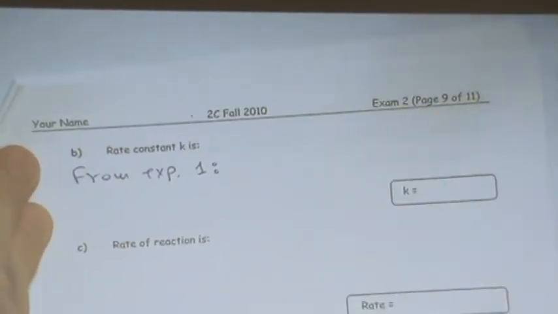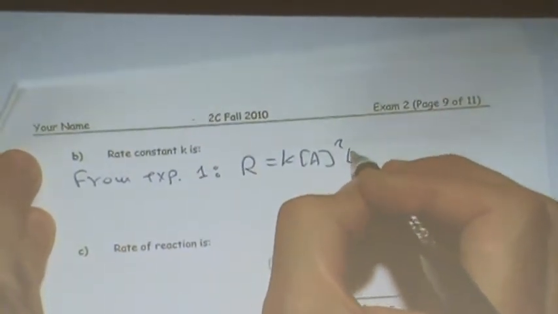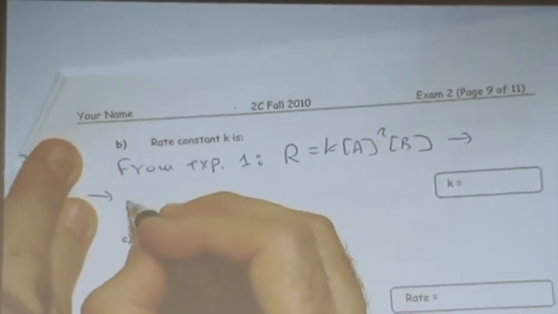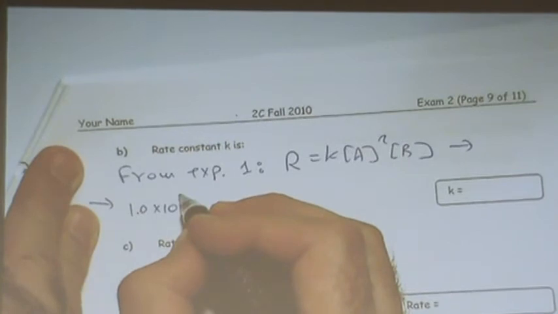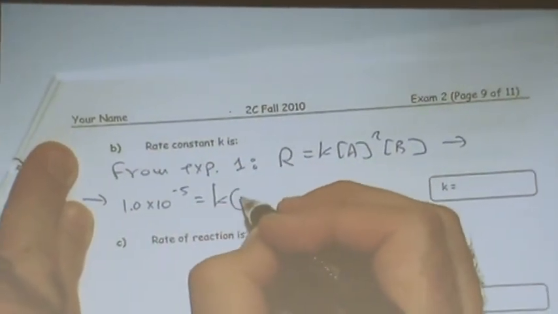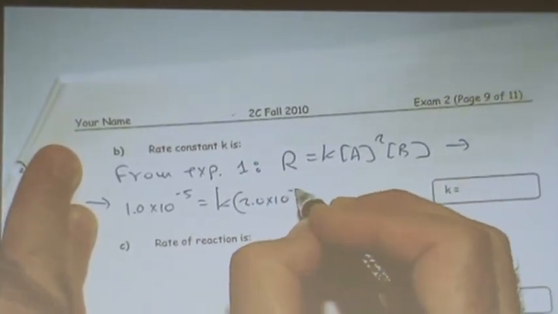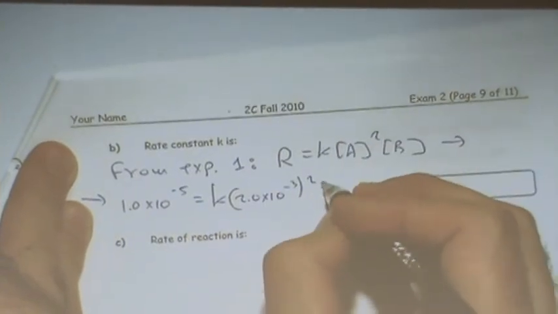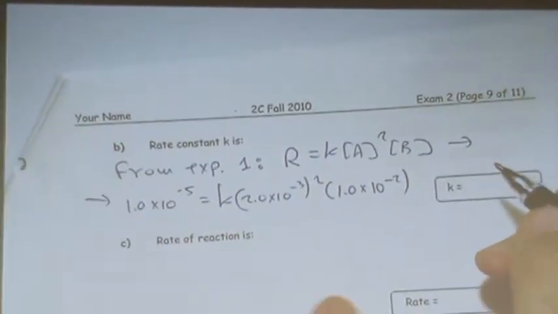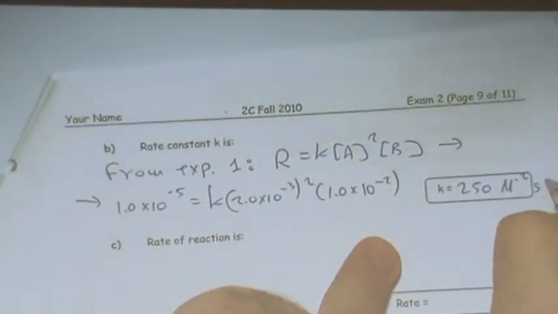The rate is equal to k A squared B. That means from experiment 1, the rate is 1.0 times 10 to the minus 5, sorry, k times the concentration of A squared from the table, times 1 times 10 to the minus 2. That would give k equal to 250 molarity to the minus 2, seconds to the minus 1.